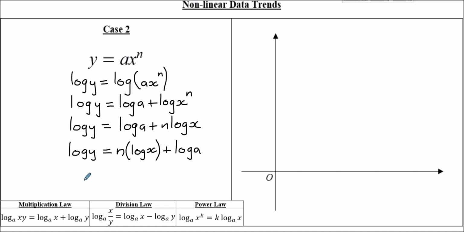So now we can compare this to big Y equals m big X plus c. So you can see again, now case 2, if we take logs, it's now going to have the same general characteristic of a straight line graph, whereas now big Y is like log y.